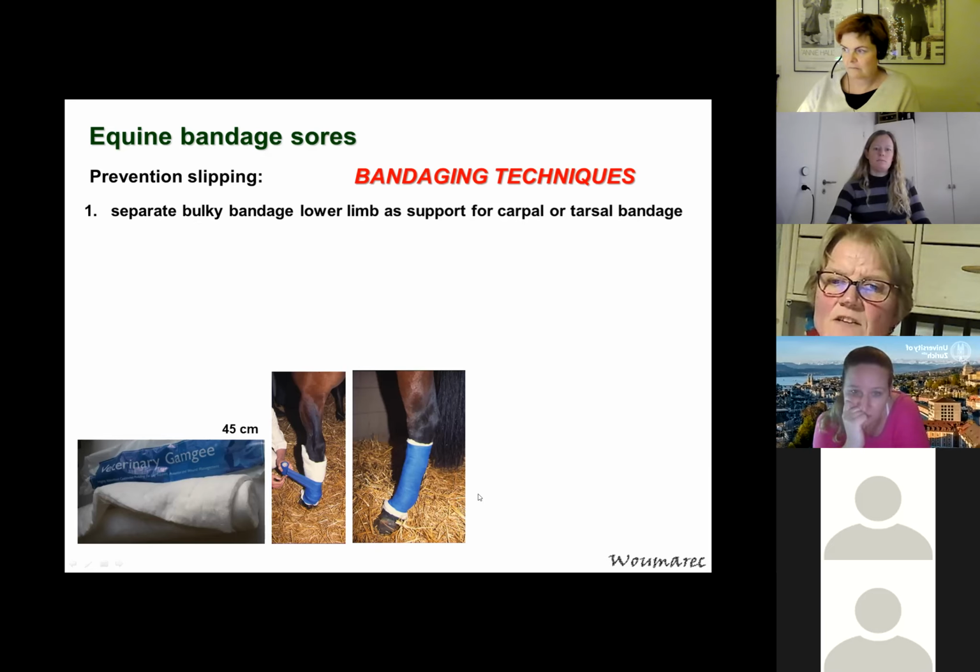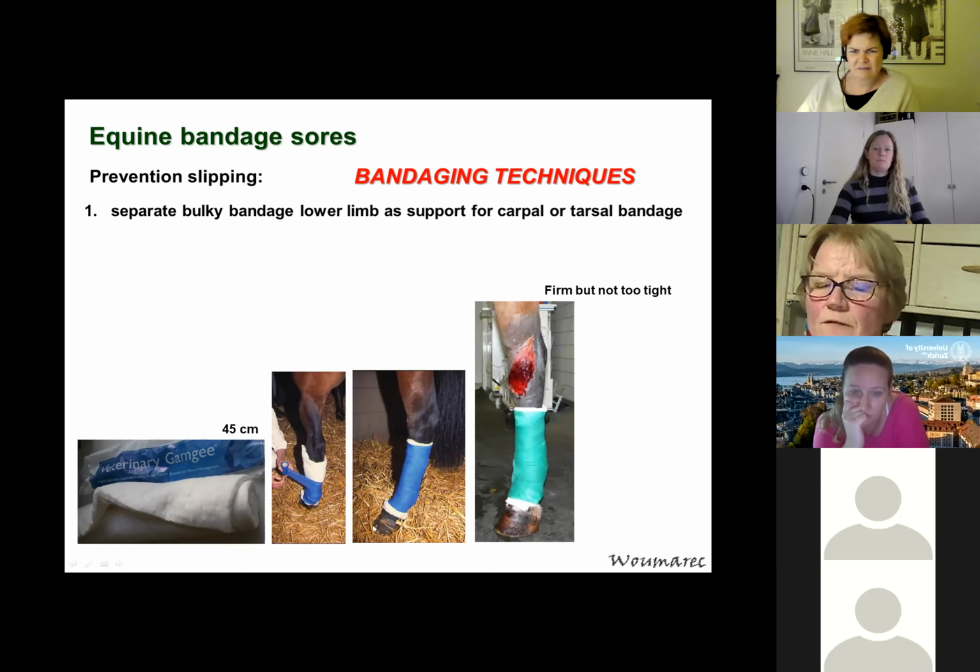And then you can apply a second layer or a third layer, whatever you like, and you make a bulky bandage on the lower limb, which can be left there in horses for quite a long time. If you are experienced in bandages, you can leave this for 10 days or 14 days, as long as it is clean and as long as it is fitting well and not slipping down.